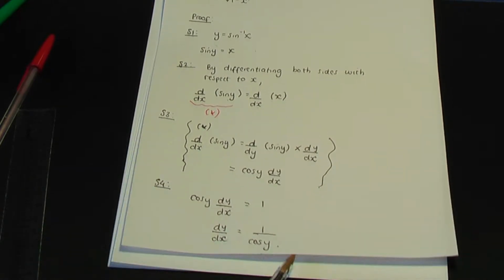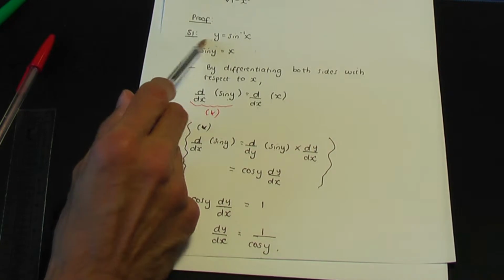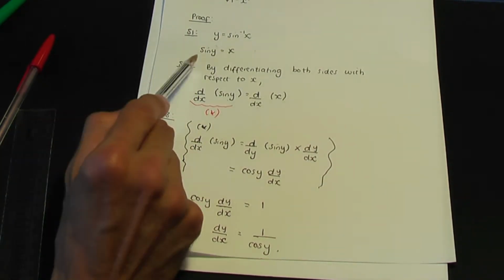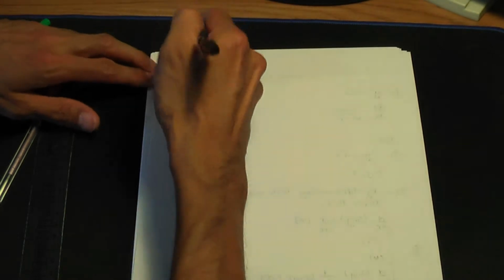So we can do that by using a trigonometric identity. I can take a trigonometric identity and write cos y in terms of sine y, and by doing so I can replace all of the sine y terms by x's. So I'll call that step number 5.